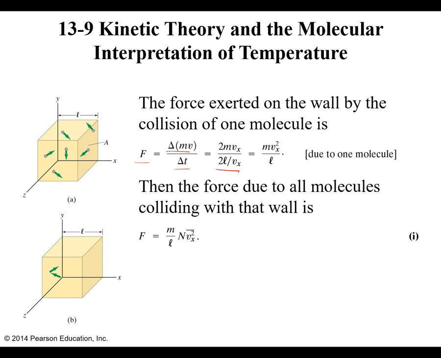Now, if we want to know the force of all the molecules colliding with the wall, then we need to multiply by the number of molecules we have. So it's exactly the same equation, we're just multiplying by n. Now, this is all just the forces in the x direction.